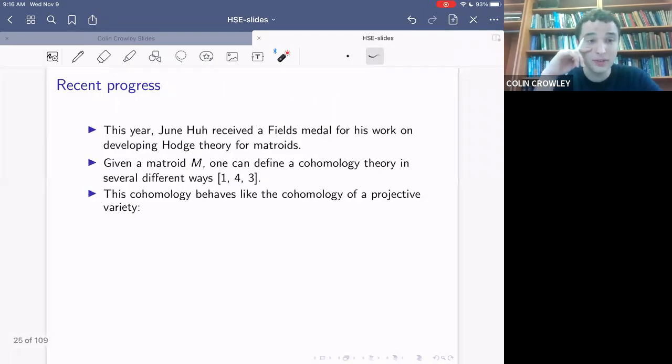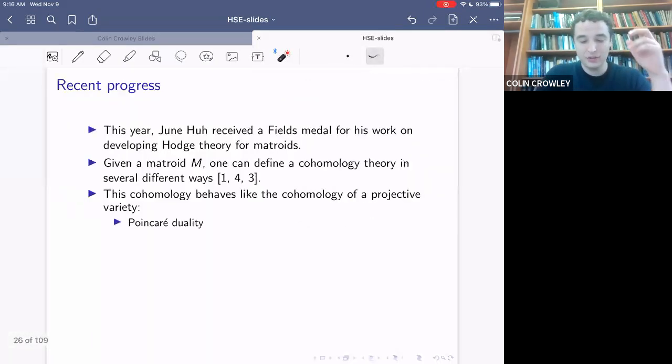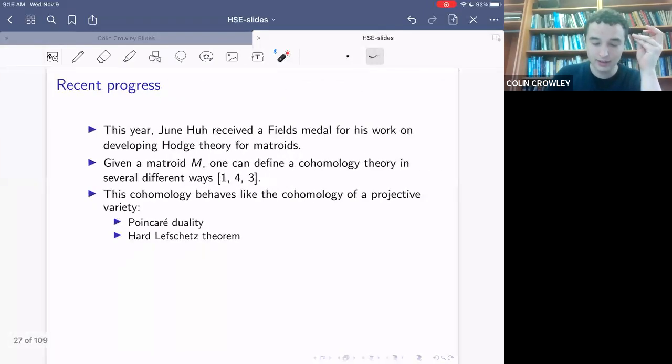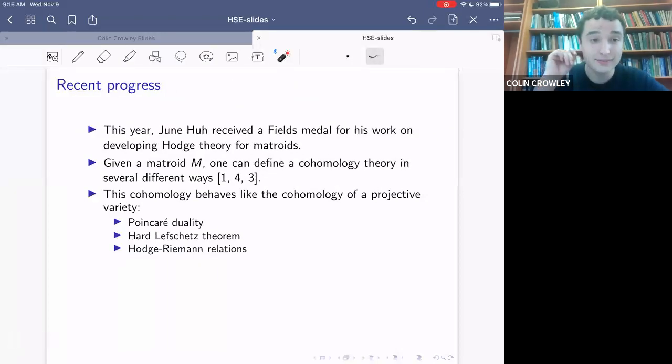What's really shocking is that this cohomology behaves like the cohomology of a projective variety. What I mean when I say this is that three theorems from Hodge theory hold: first of all, Poincaré duality, then the Hard Lefschetz theorem, and the Hodge-Riemann relations.